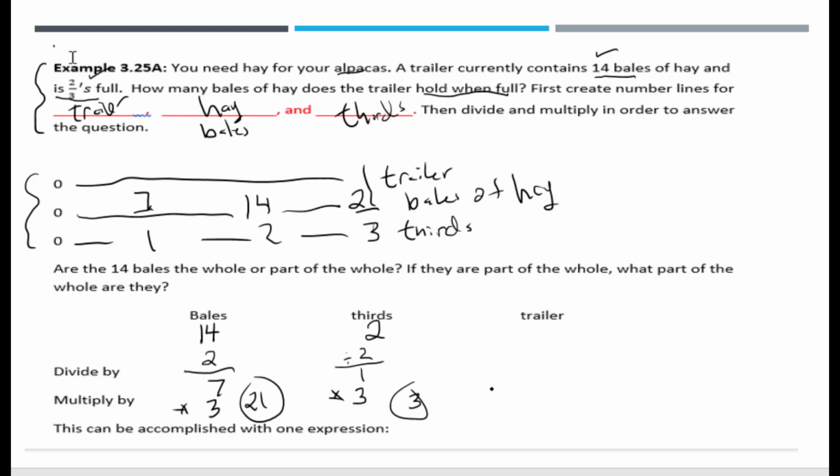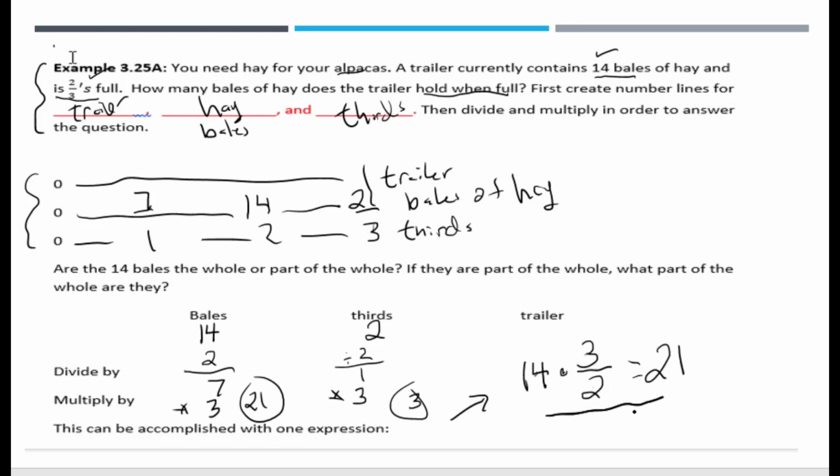Now let's see how I do this mathematically in one expression. I have 14 bales and I need to find out how much the trailer holds. So what I did is I divided by 2 and then multiplied by 3. 14 divided by 2 is 7. 7 times 3 is 21.